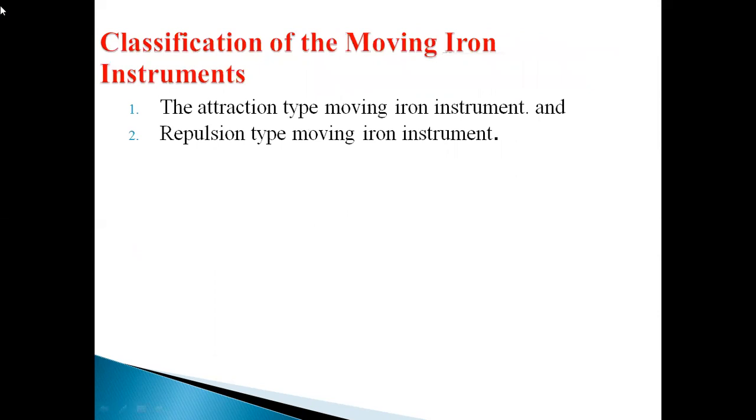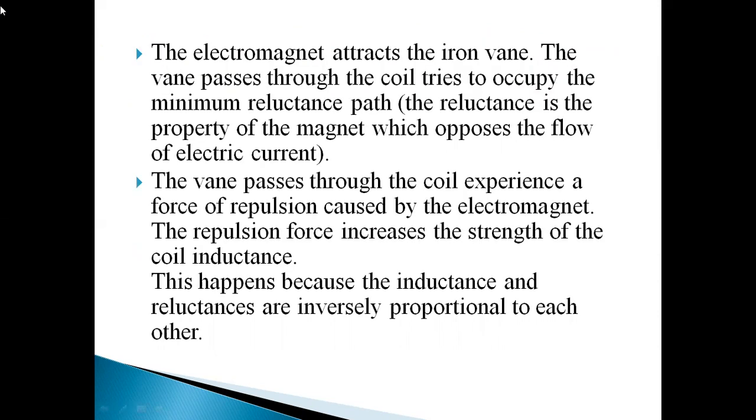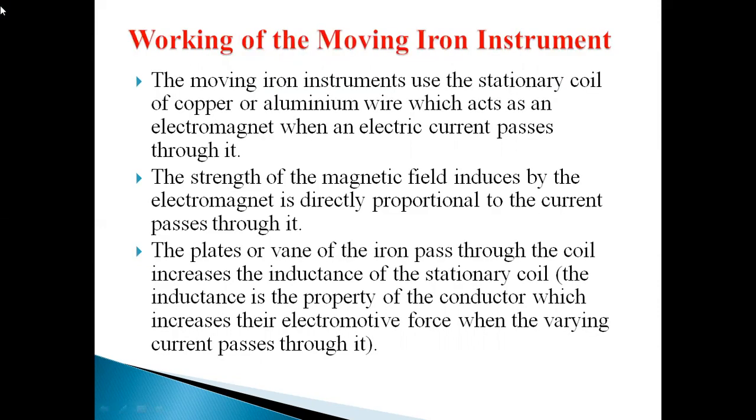The most common ammeters and voltmeters for laboratory or switchboard use at power frequencies are the moving iron instruments only. The operation of the attraction type depends upon the attraction of a single piece of soft iron into a magnetic field, and that of the repulsion type depends upon the repulsion of two adjacent pieces of iron magnetized by the same magnetic field.